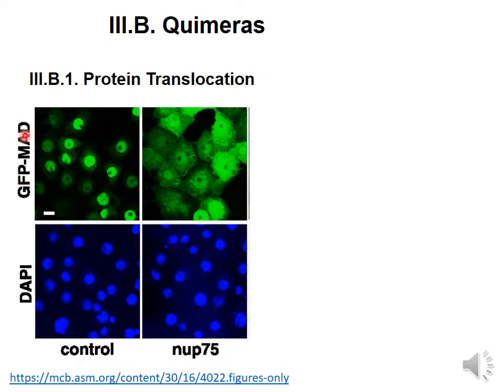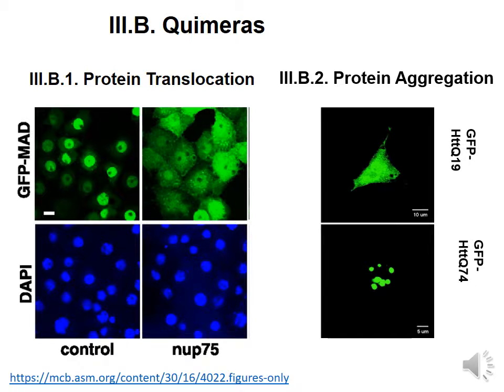And by using this chimera, they found that nucleoporin 75 is essential for mediating SMAD nuclear translocation, since a NUP75 mutant does not show nuclear fluorescence. As you can see in these images, there is a nuclear localization here and a diffuse signal in the NUP75 mutant.